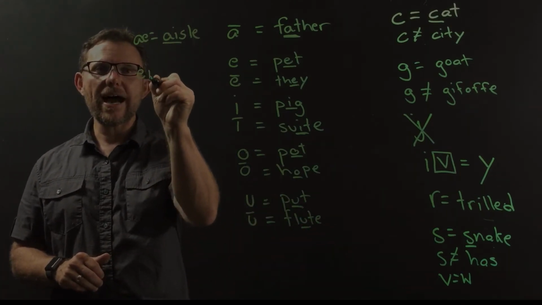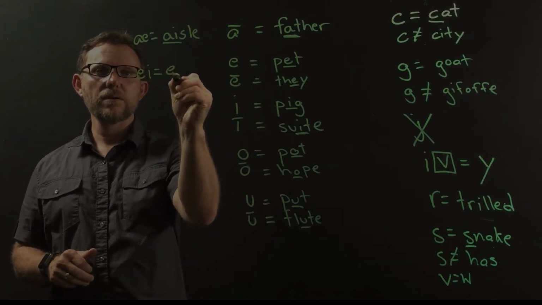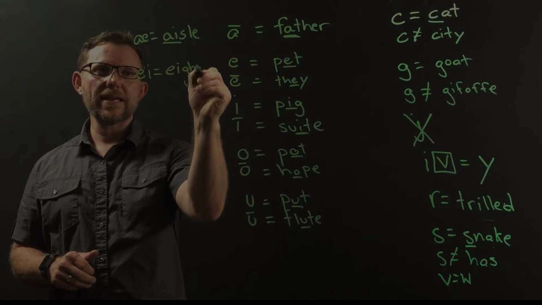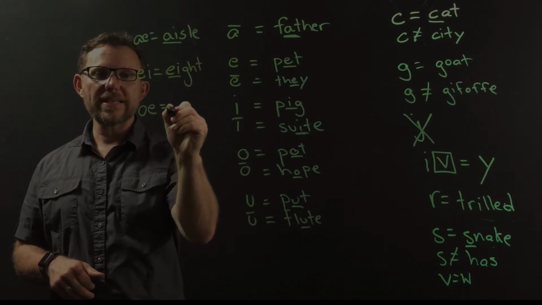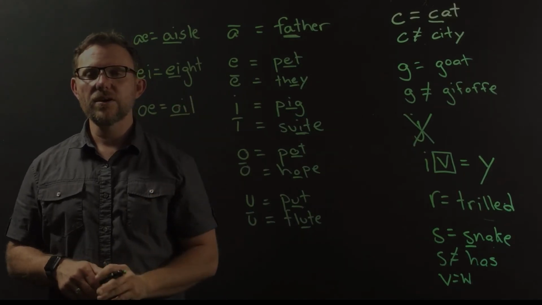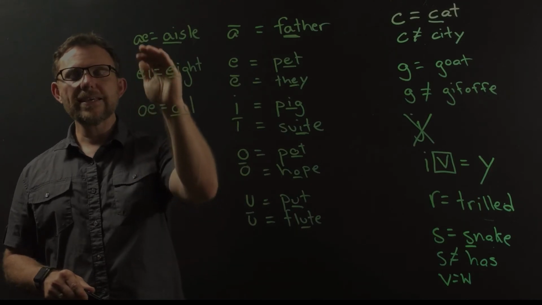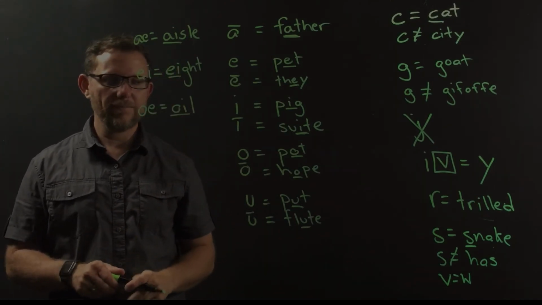The letters E, I, when they come together, make the sound that we hear in the word ate. They make an A sound. And then the letters O-E make the sound that we're used to hearing by the letters O-I in words such as oil. So A-E says "eye", E-I says "ay", and O-E says "oi".